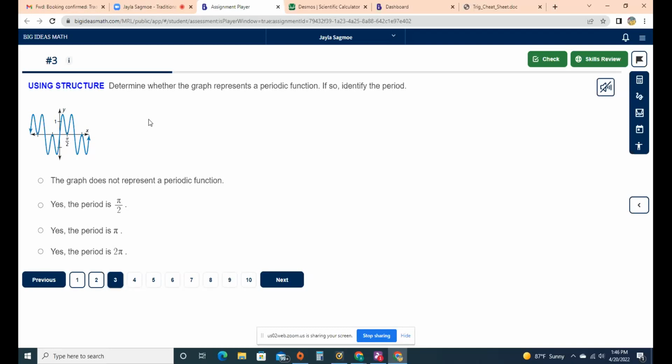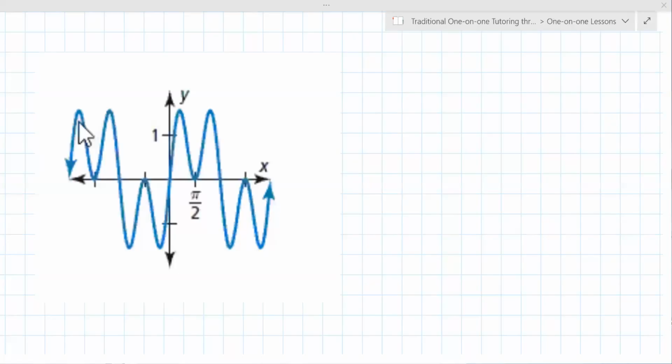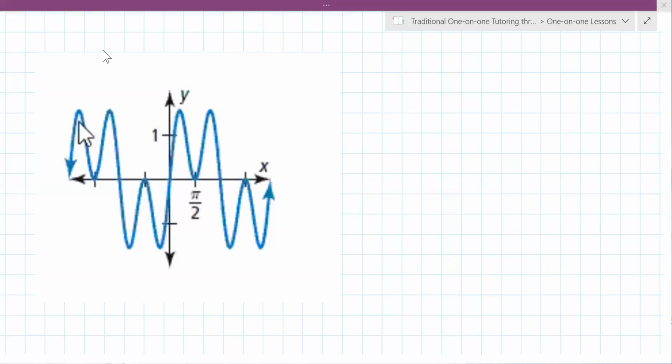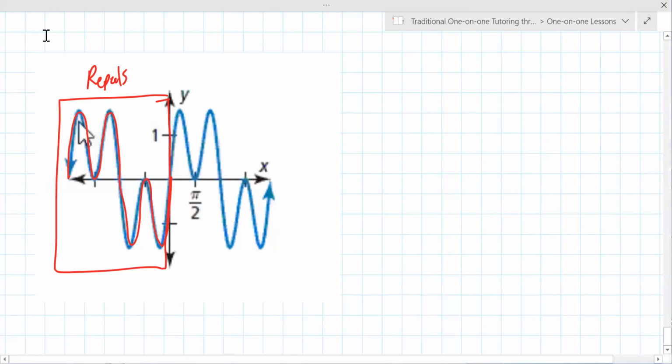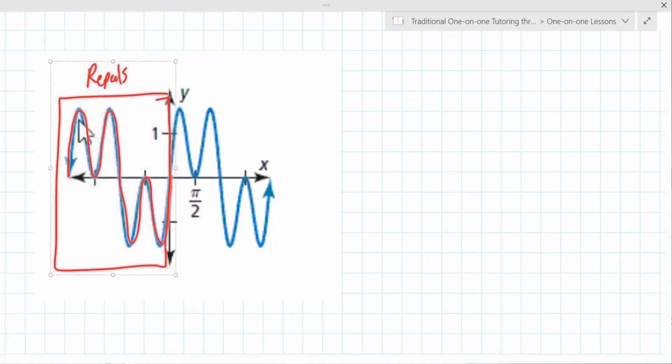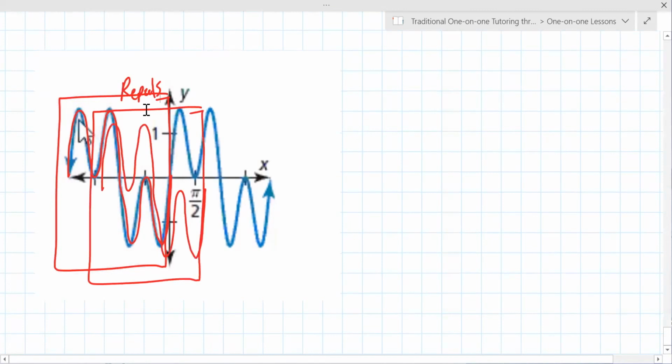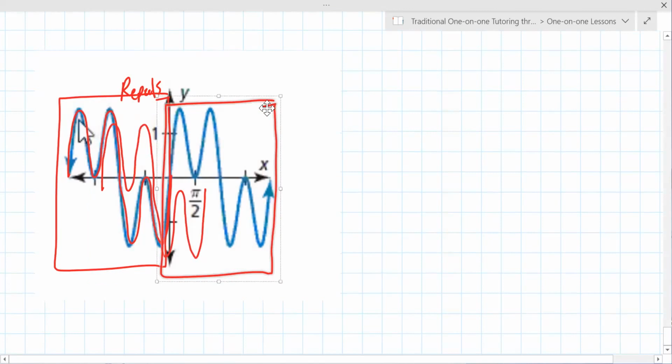All right, I'm going to share my screen. What I want you to be able to see, and I know this is hard, is this part in red right here. It repeats. That's the part that repeats. All of that repeats because if I copy it and I move it over, I get exactly what we started with.